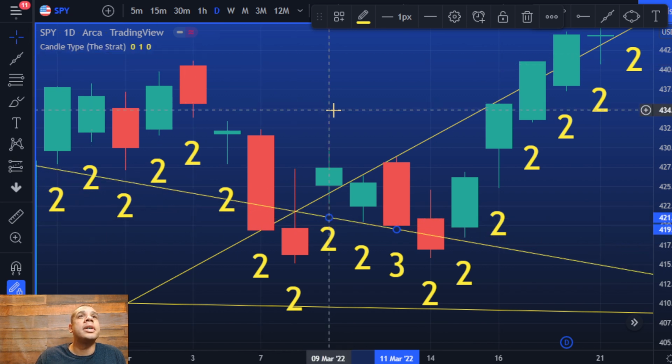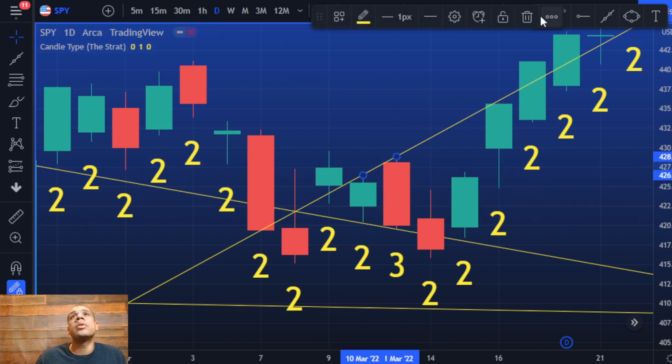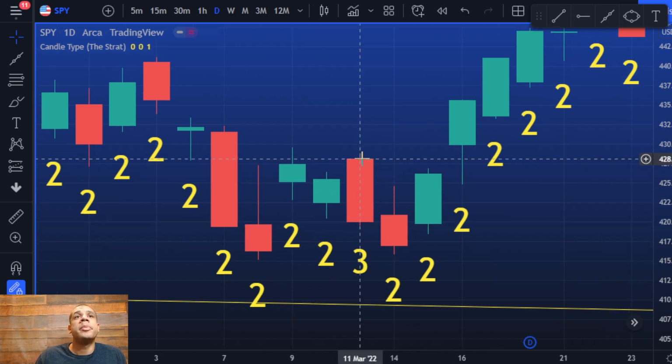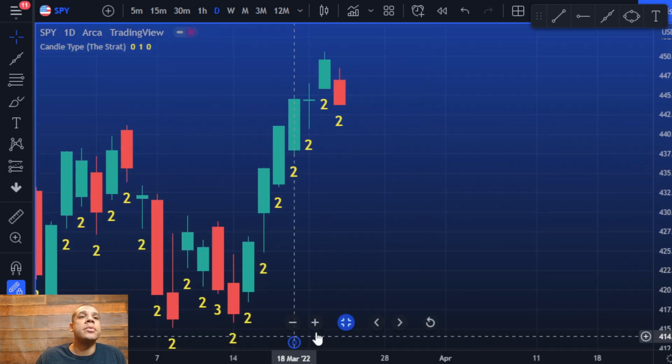Notice it takes out both sides of the previous range: takes out the tops, takes out the lows, takes out the top. Okay, scenario 3. That was real quick on how these scenarios work, but let's go back to that daily. I did that because I want you to see something.